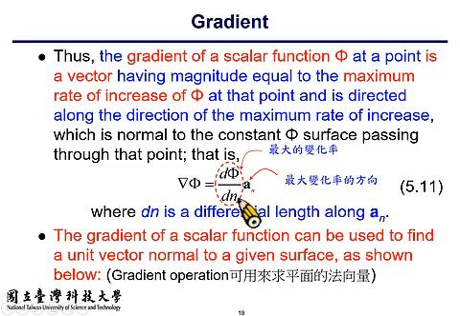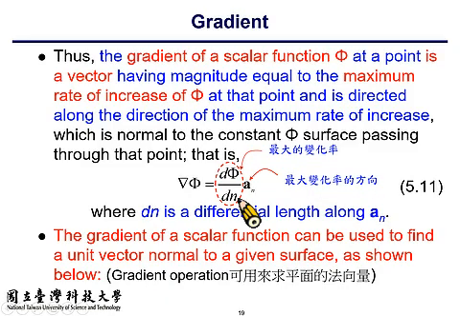So now that the gradient of phi is a vector, its magnitude is the maximum rate of change, and its direction is the direction of maximum rate of change, which can be derived with this definition. That is, dphi is the amount of change, and n is the direction of maximum change.